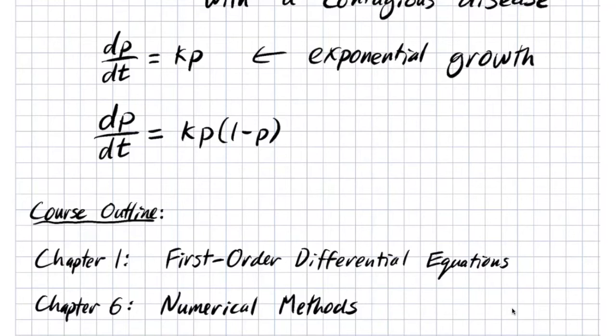So the number of these interactions is fairly low. However, when p is like 50%, then the chance of having an infected person and a non-infected person interact and possibly transmit the disease is much more.